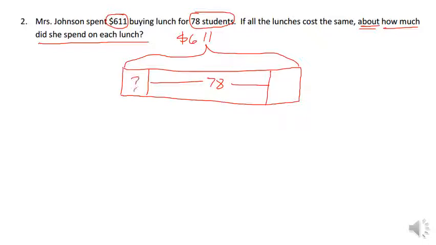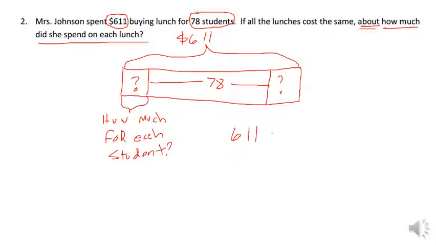And it's wanting to know how much for each student. Now I know that if I solve for the one student, it would tell me for each student. And I can tell by this that I'm taking $611 and I'm going to divide that by 78.